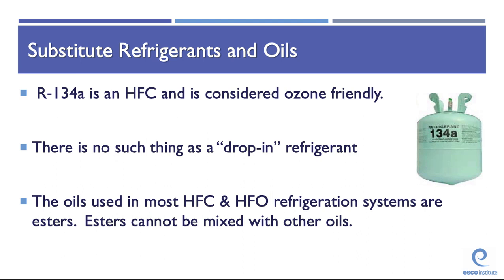EPA and compressor manufacturers must approve a refrigerant for use. Any change in a refrigerant type in a system will change the operating characteristics of that system and can also void the warranty. Do not be the mechanical engineer that overrides what a company's warranty says.